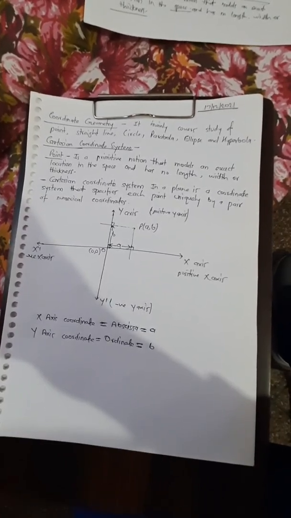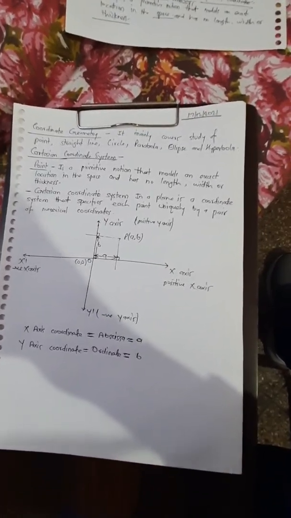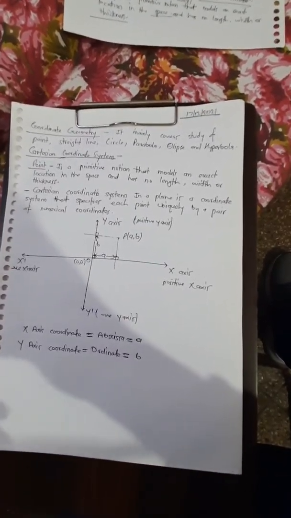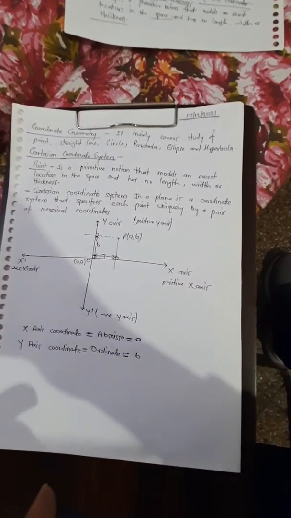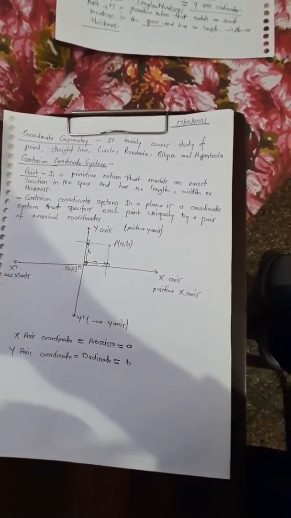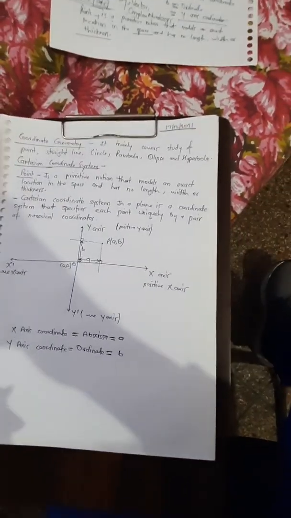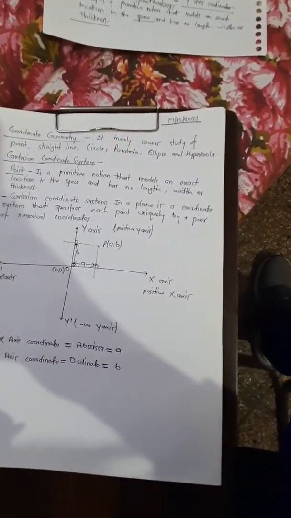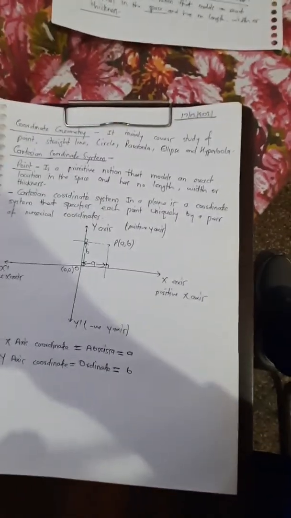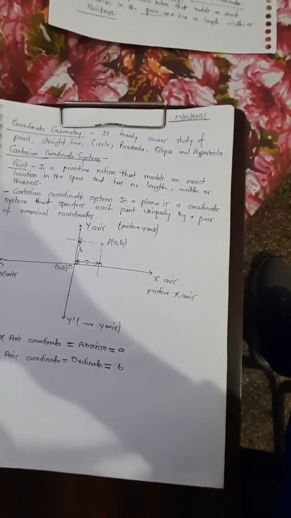Basically, this is a Cartesian plane, and we divide it by two perpendicular lines. One line is the x-axis and the second line is the y-axis. These lines cut each other at 90 degrees, and the point of their intersection is called the origin. Now suppose we are denoting a point P which has coordinates a and b.